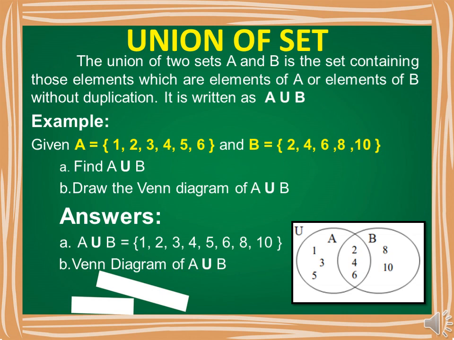Find the union of A or B. The answer is 1, 2, and so on. You take all the elements of A, you take all the elements of B, and you rewrite them in ascending order without duplication.